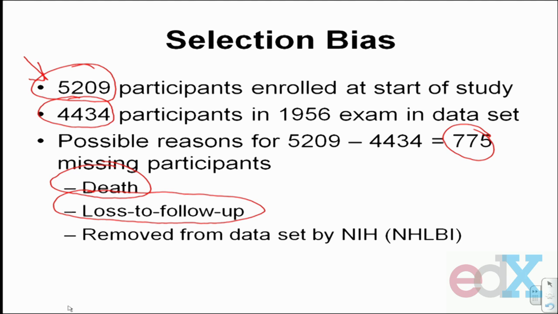And the other thing we do not have a clear idea of is how the National Heart, Lung, and Blood Institute created this teaching data set. Maybe by design they eliminated some of the people to give you a slightly different data set than what was in the original and true Framingham data set, because we mentioned at the very beginning of this course, these data are at our disposal for teaching purposes, but not for writing research papers.